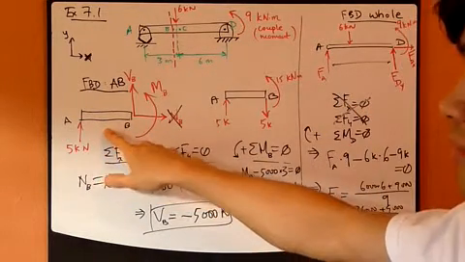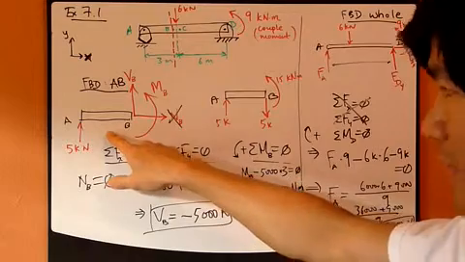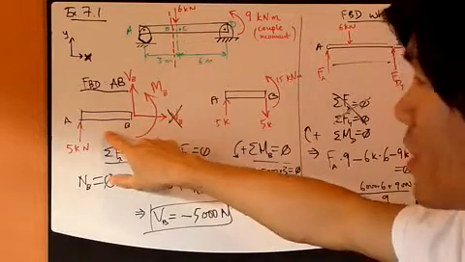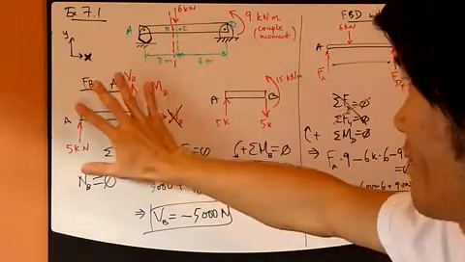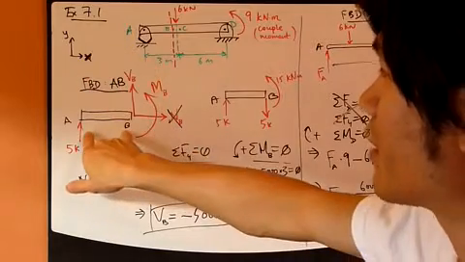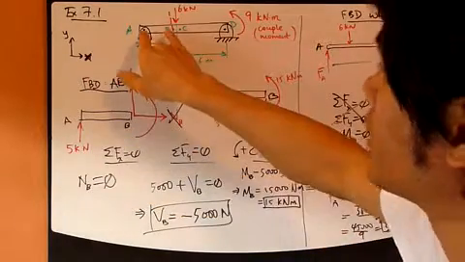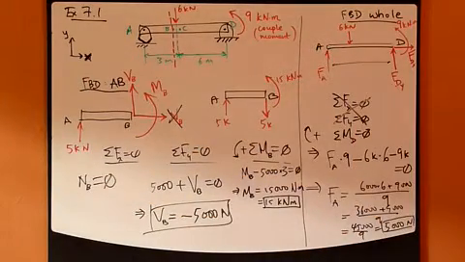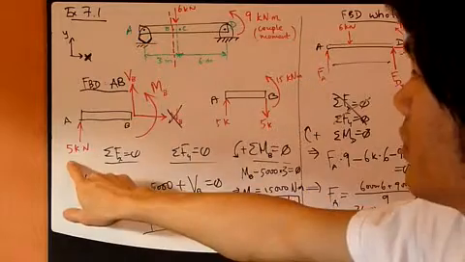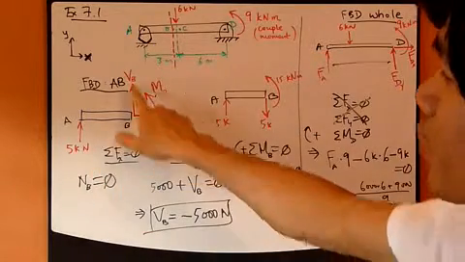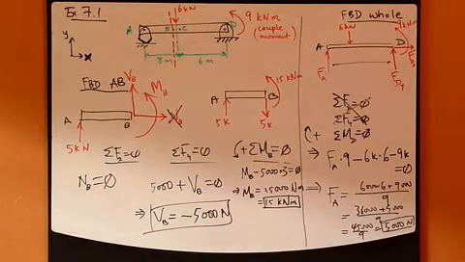Otherwise, you would have double counted the effects of this couple moment. So what you do here is just draw whatever you see in this picture, this section AB. This is the reaction force, and then you have these 3 internal forces and moment.